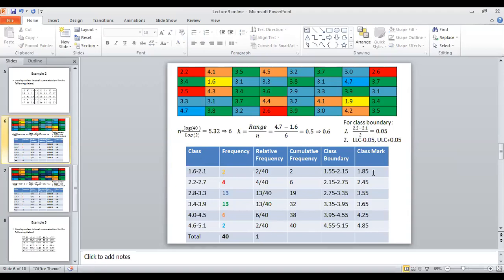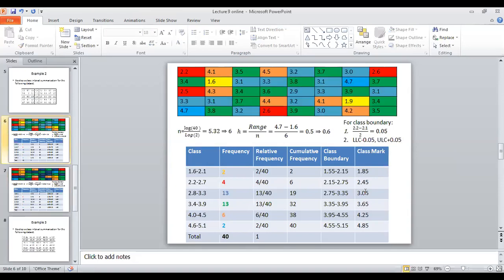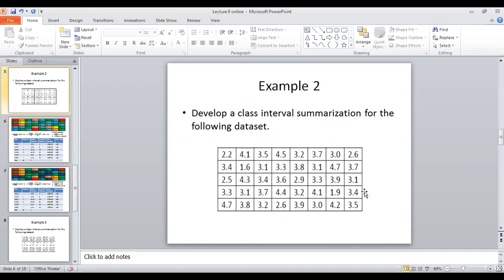So we have 2.8 plus 3.3, and when we divide it by 2, we get 3.05. So this was a little typo, it's 3.05. Now all the results are correct and the same, so we have done the work correctly. That's how we do this class interval summarization for this data set that was given to us.